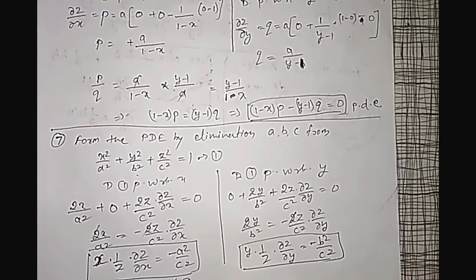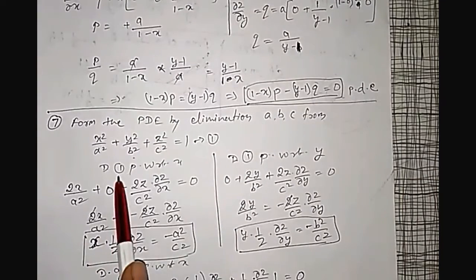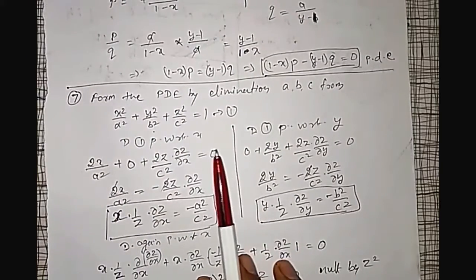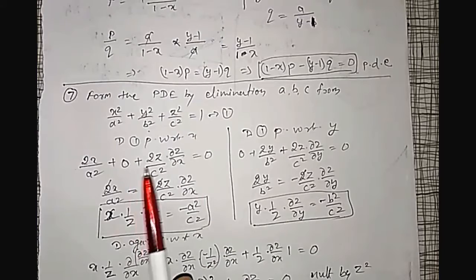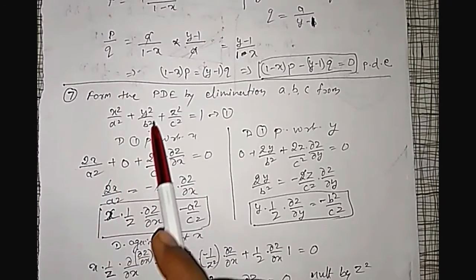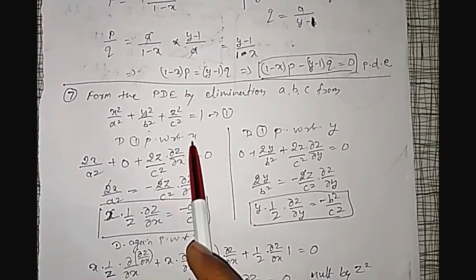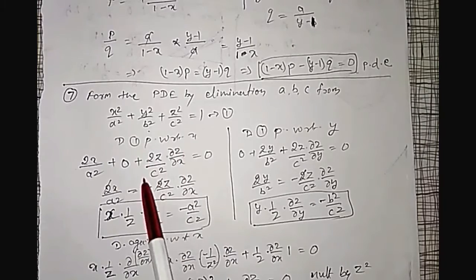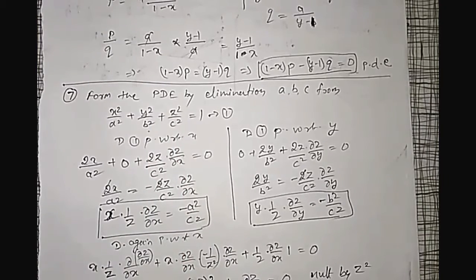Now, differentiating partially with respect to x, I am getting 2x divided by a square. y square divided by b square is constant now because its differentiation with respect to x is 0, and throughout this module we are considering z as a function of x and y.